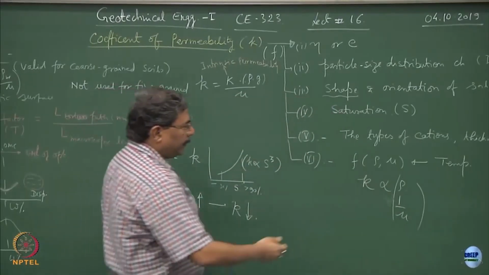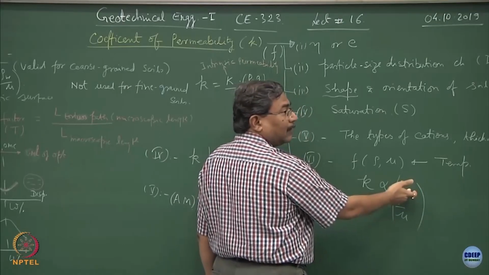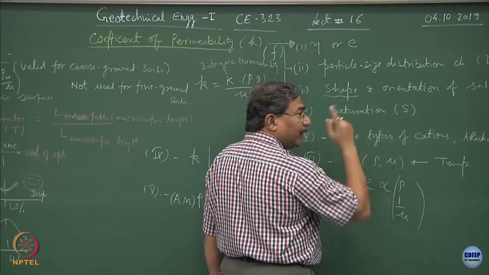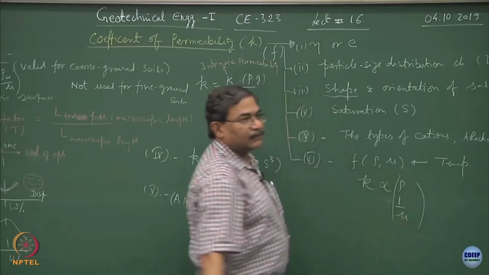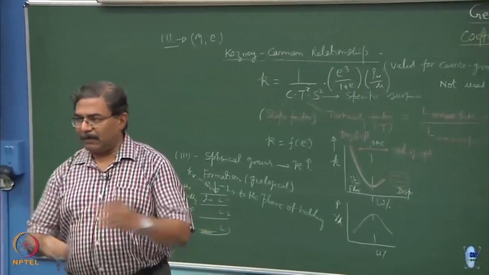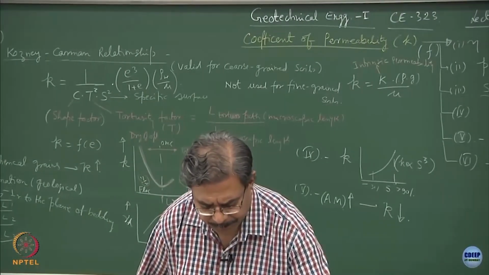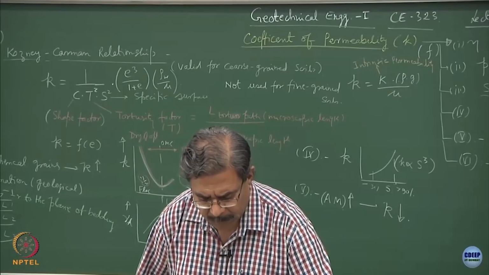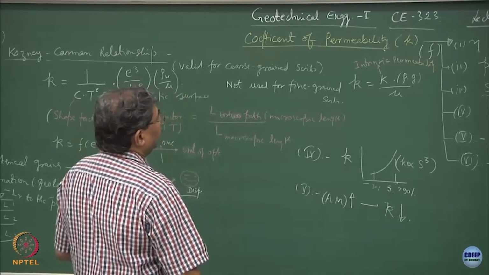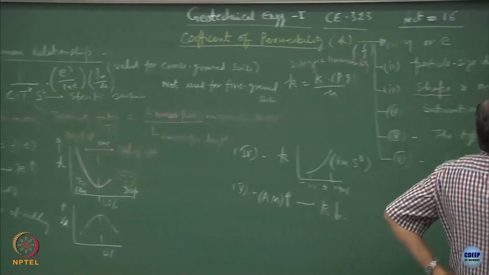So, a denser fluid is going to permeate easily provided its viscosity is less. Is this part clear, or vice versa? Any questions? We have also talked about the methodologies for determination of K.